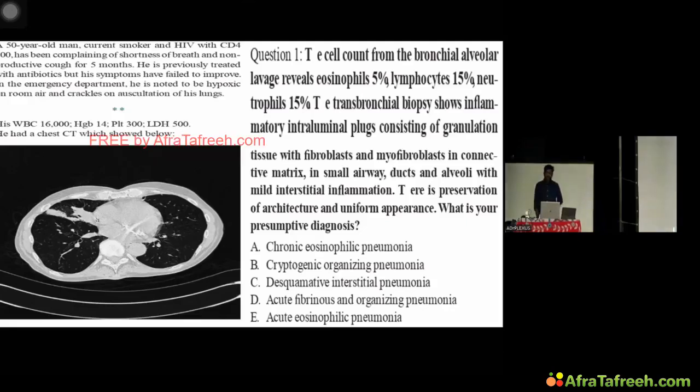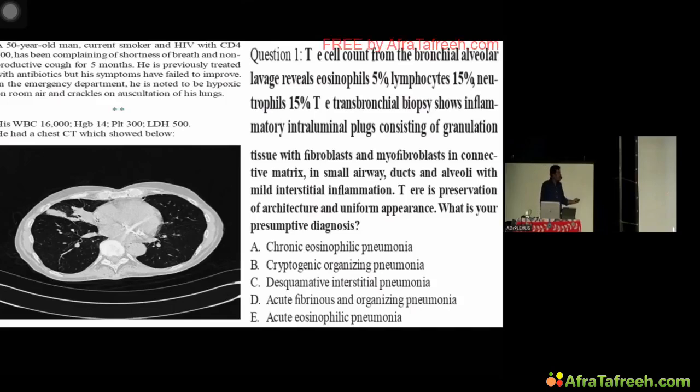So I told you in transbronchial biopsy, there will be intraluminal granulation tissue with surrounding fibrosis, and CT scan will show reverse halo sign. Here they didn't give reverse halo sign.